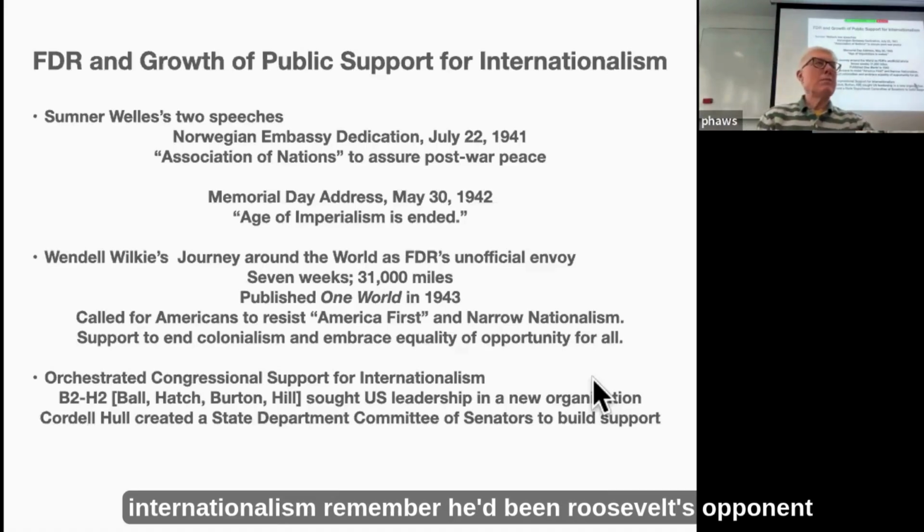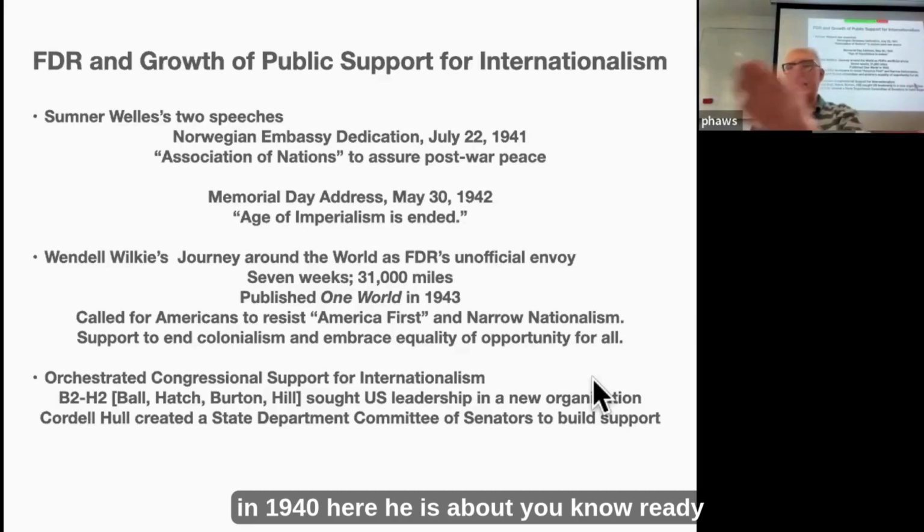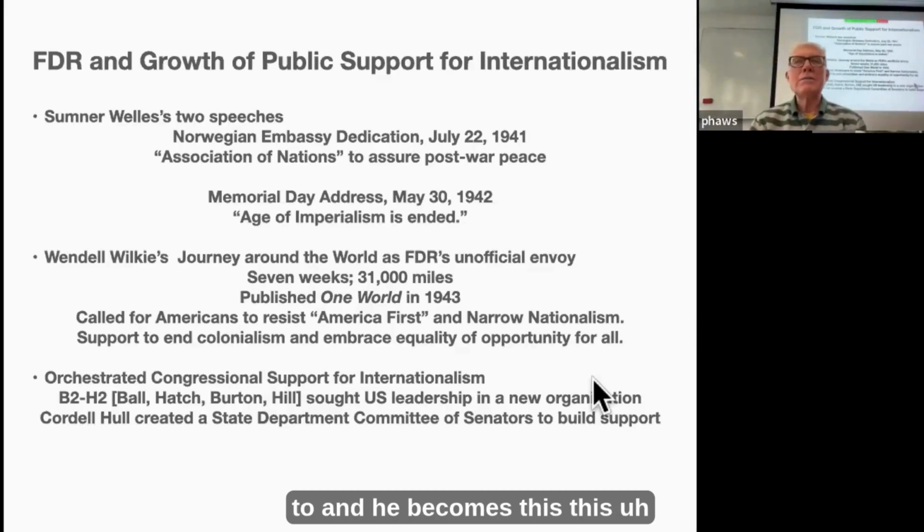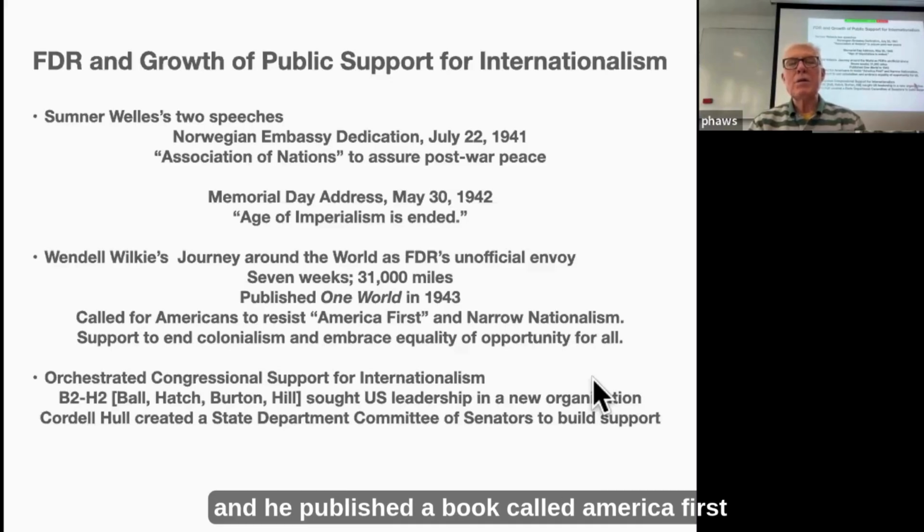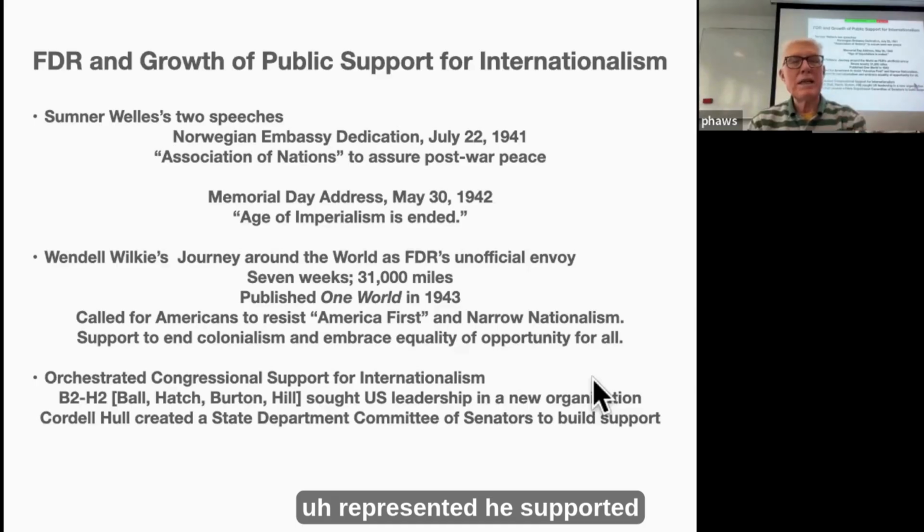Remember, he'd been Roosevelt's opponent in 1940. Here he is, and he becomes this enormously powerful spokesperson for internationalism. And he published a book called One World, except that his understanding of what Americans had to resist was America First and the narrow nationalism that America First represented.